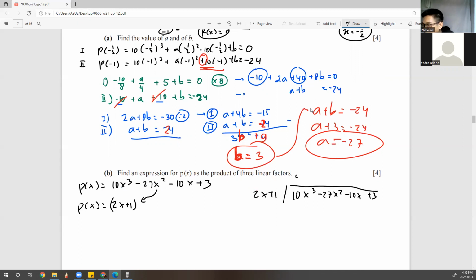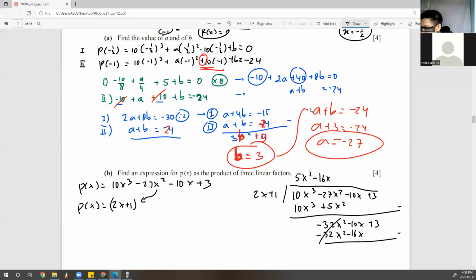Okay, easy. 5x squared, right? So 10x cubed plus 5x squared. You subtract, you will get negative 32x squared minus 10x plus 3. So minus 16x, right? So minus 32x squared minus 16x, done. Subtract, cross out 6x, right? Because negative 10 plus 16 plus 3. Sorry, 6x plus 3, 0. So the other factor will be 5x squared minus 16x plus 3.